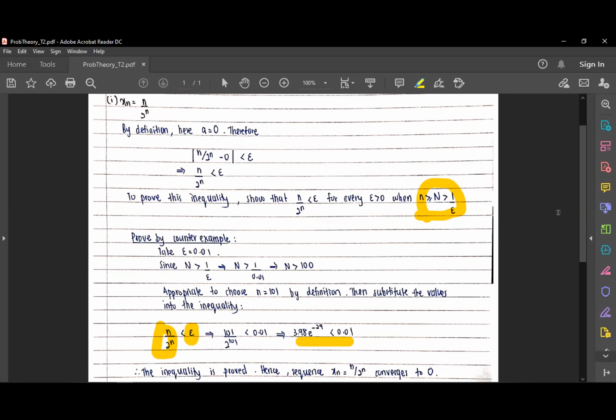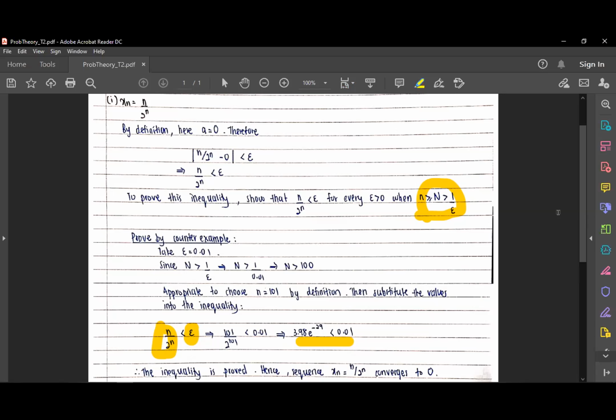It's also unclear what you mean by a counter example here, because here you want to prove that it converges to 0. There's no counter example here, because a counter example is when you only have 2 possible outcomes. But here there are multiple outcomes, right? You either converge to 0 or you converge to some other number.